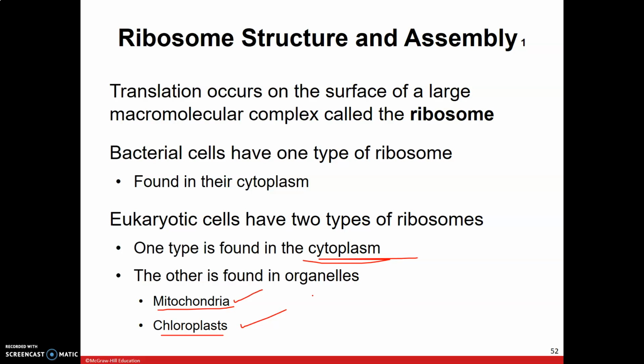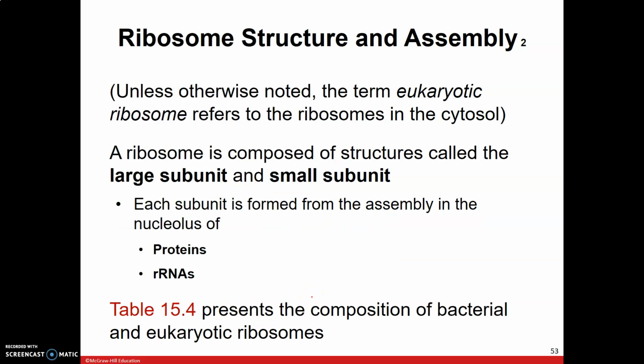If you haven't taken Bio-01, we talk about that in there, and we did talk about it earlier in this class as well when we talked about extrachromosomal DNA. So in addition to having extrachromosomal DNA, they have their own ribosomes.